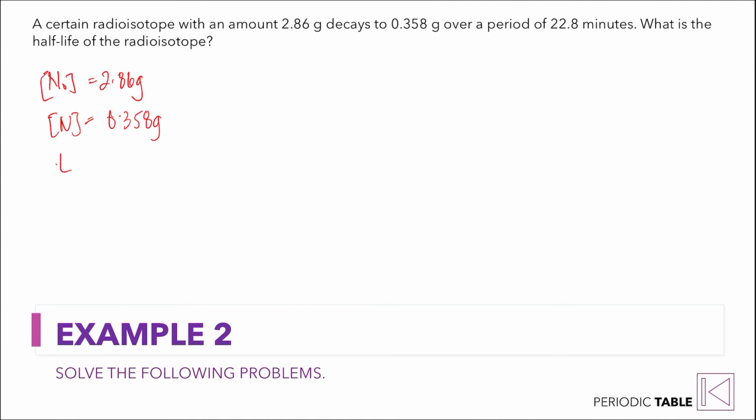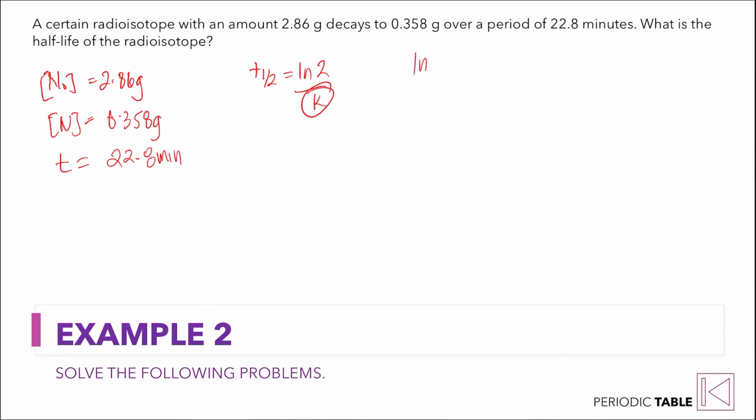Tapos ang time na na-consume natin is 22.8 minutes. What is the half-life of the radioisotope? Okay. To get the half-life, diba? To get the half-life, ang formula natin is ln2 over k. So, since walang k na binigay sa atin in the first place, we need to solve for k. How can we solve for k?